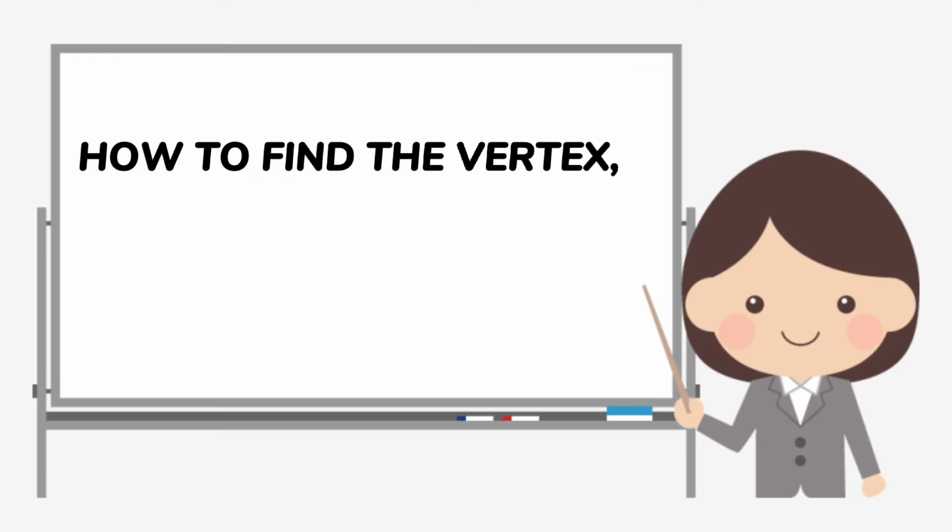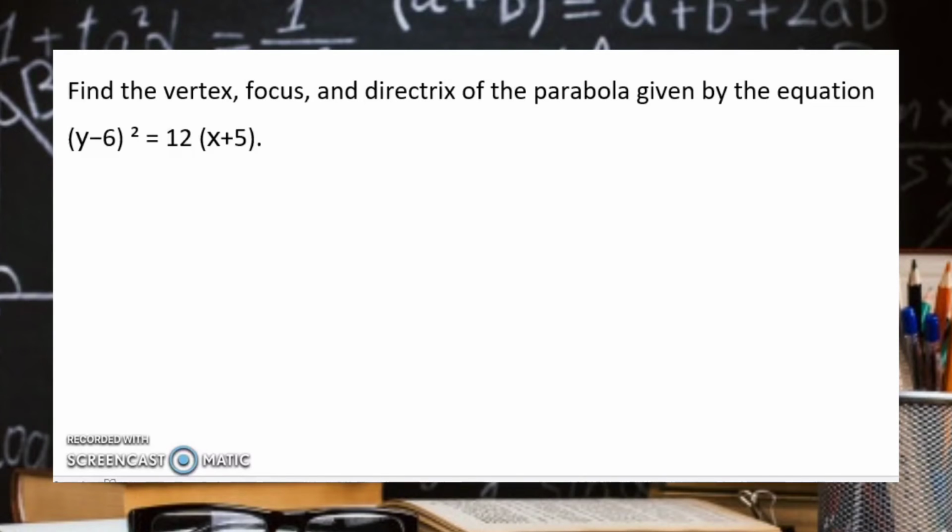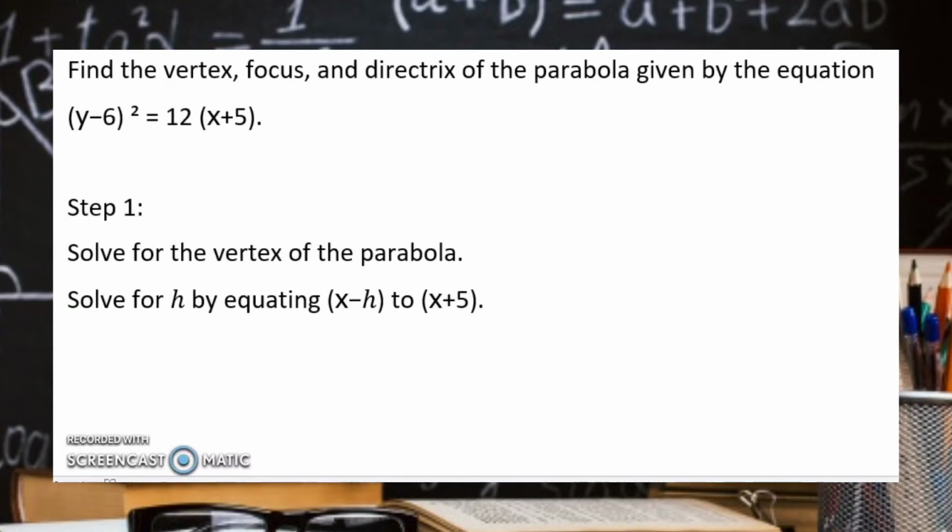How to find the vertex, focus, and directrix of a parabola. Example, we need to find the vertex, focus, and directrix of the parabola given by the equation. First is to solve for the vertex of the parabola. Solve for h by equating the quantity of x minus h to the quantity of x plus 5. So our h is equal to negative 5.